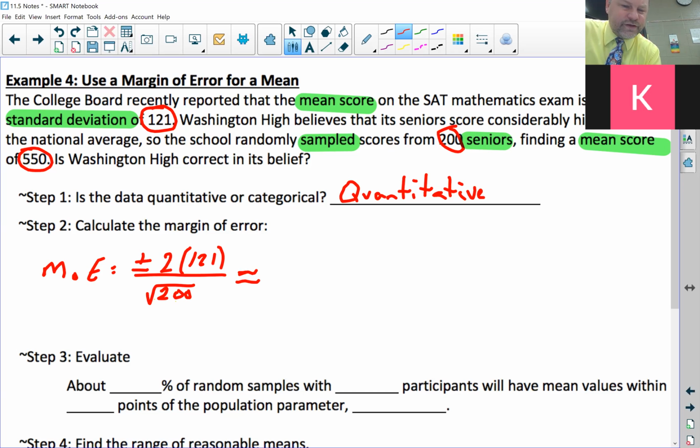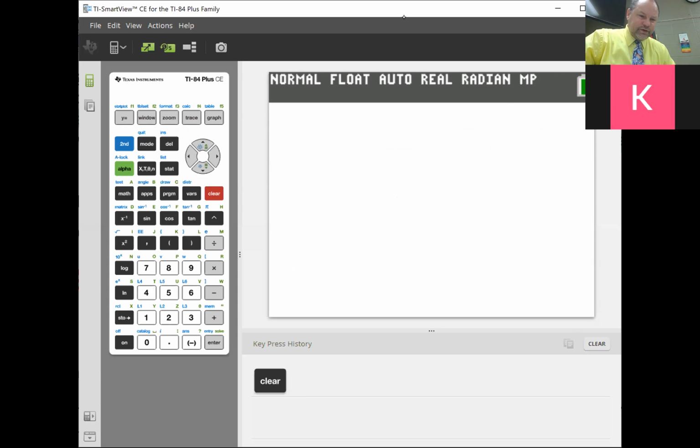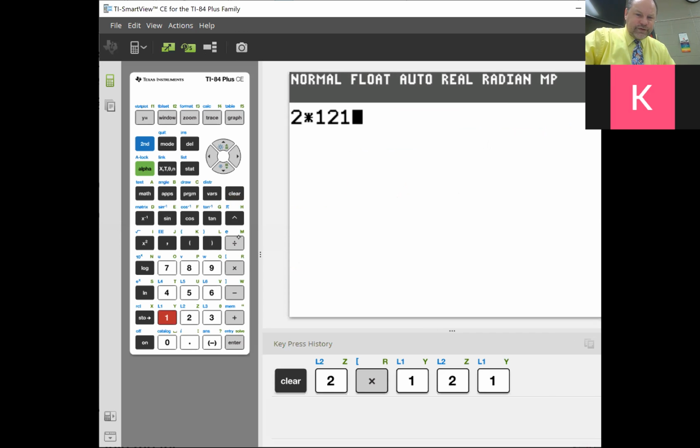And I'm going to estimate to the nearest whole point, because that will be easier to compare values with. So I'm going to do a new share. And on my calculator, I am going to calculate the margin of error. 2 times 121 divided by the square root of 200.